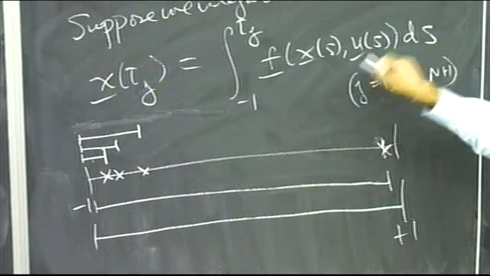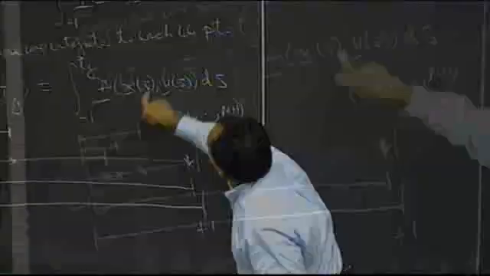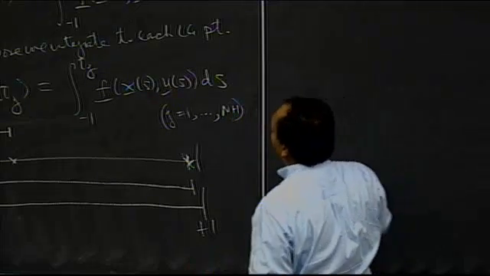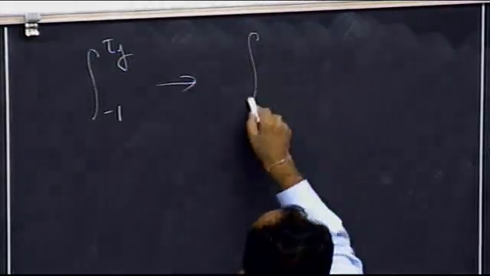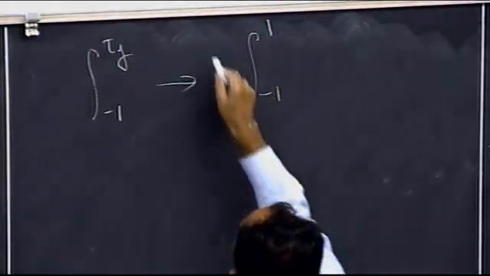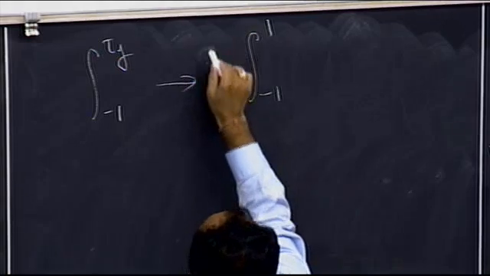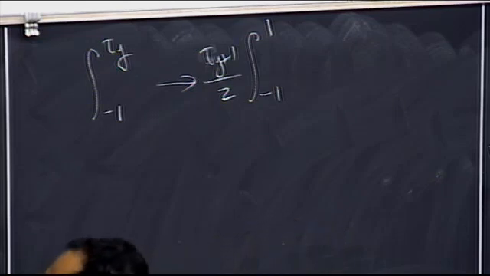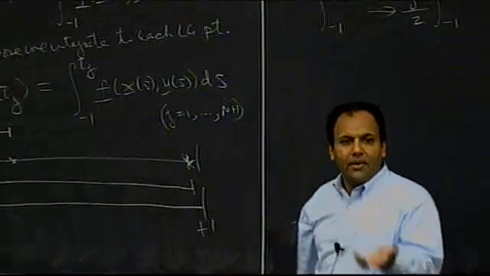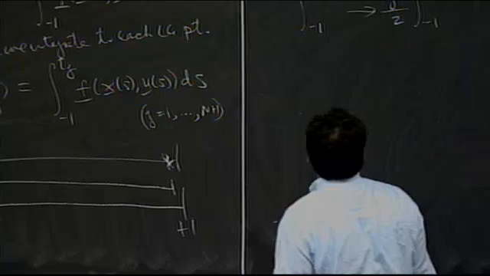Because I know that this interval, the integral from -1 to tau j, can be transformed to the interval from -1 to 1 with a factor of tau j plus 1 over 2, because I just did a transformation mapping s to the interval -1 to 1. I wrote down that transformation last week.